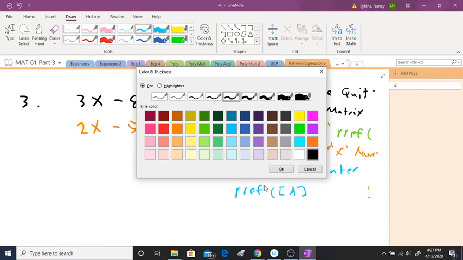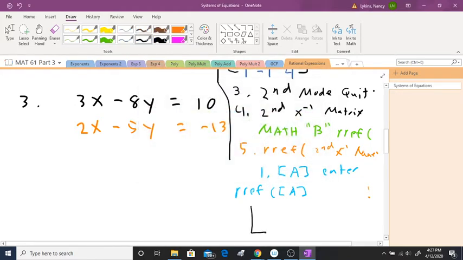Once you hit enter, you should get another matrix. So if you need to go back and follow these steps, feel free to, because it's going to take a little time for us to get used to this calculator and your options.